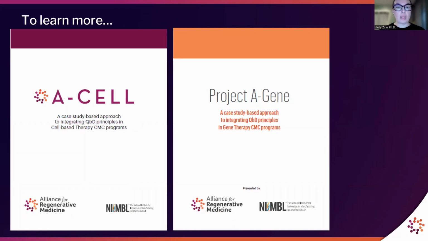So now that we're at the end of the presentation, I want to refer you to several Alliance for Regenerative Medicine publications. Of course, the ACell case study is what we've been focusing on today, but I often refer colleagues to Project AGENE. And AGENE is a case study for in vivo gene therapy. It's focused on adeno-associated viral vectors.